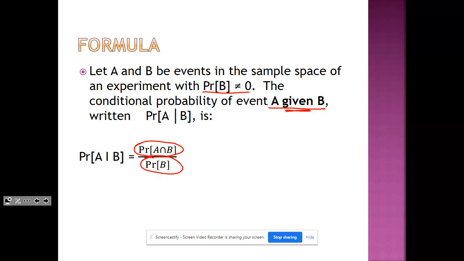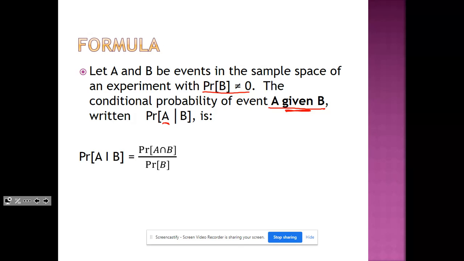As I said before, we restrict your vision to B, whoever you're given. So that's our denominator, B. The numerator is, out of B, what's the probability of our event A? That would be the intersection of A and B. Kind of think about a Venn diagram.